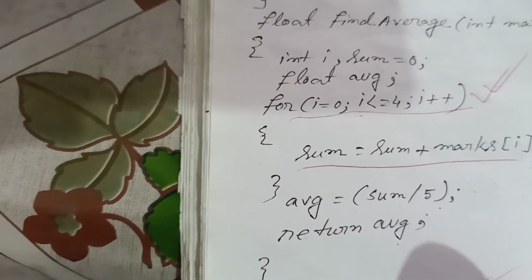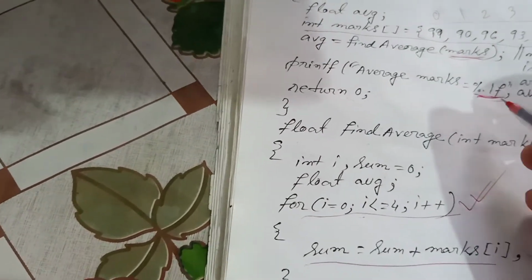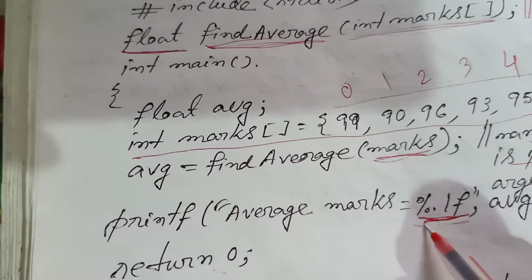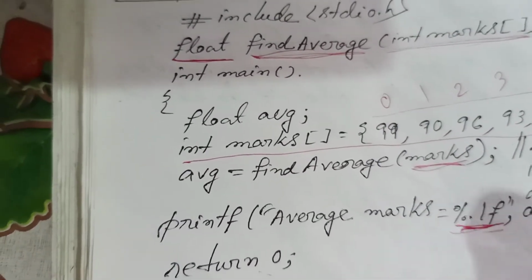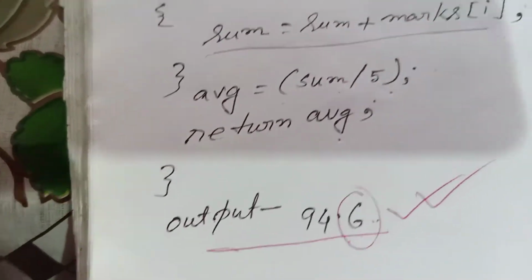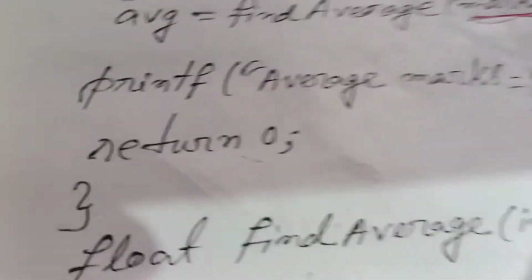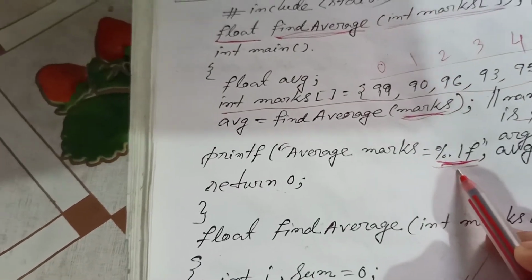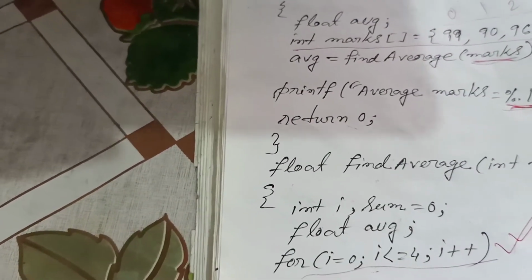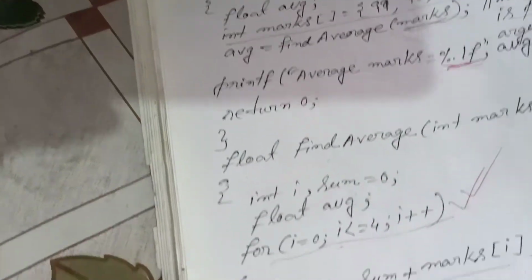After the decimal point we are getting only the 6, as we are using here the %0.1f. So how many numbers we want after the decimal point is already mentioned here in the main function in the printf. So we are getting 94.6.